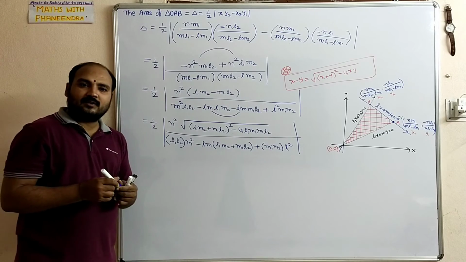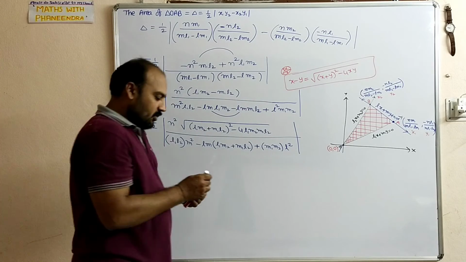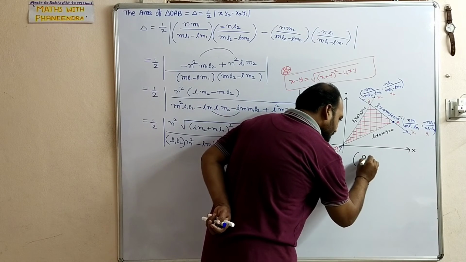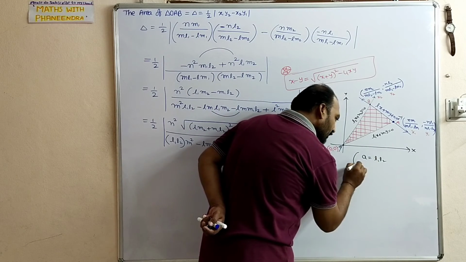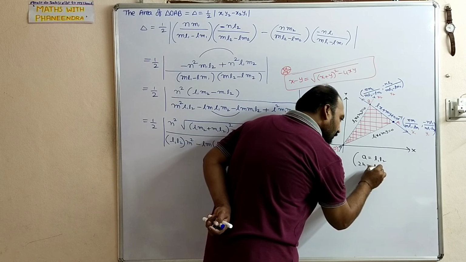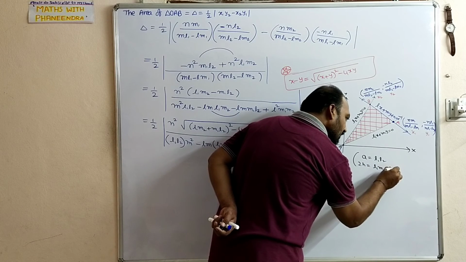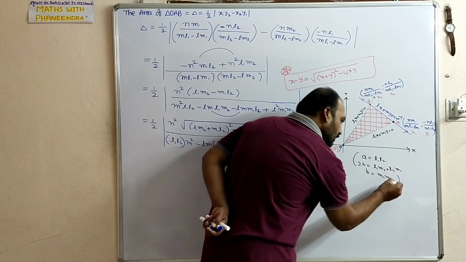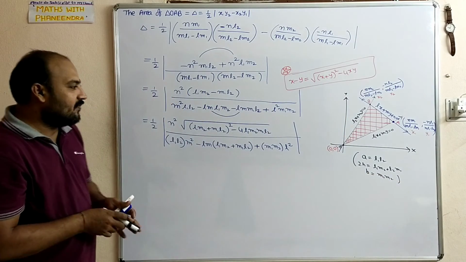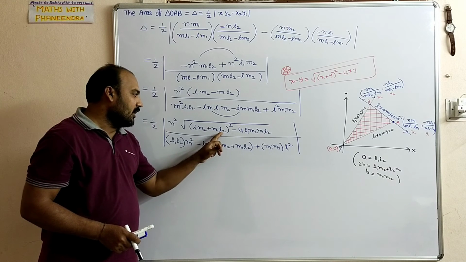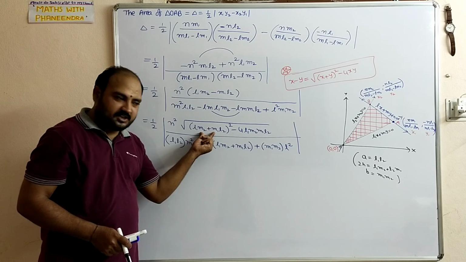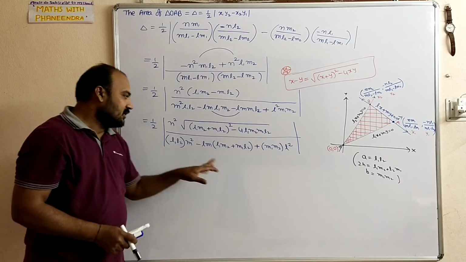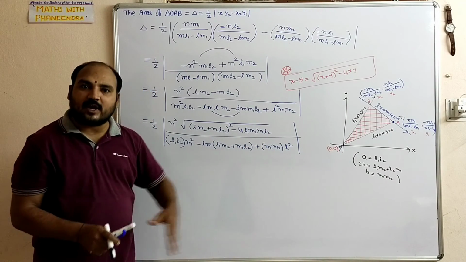In the previous steps, we have the results: A is equal to L1 L2, 2H equal to L1 M2 plus L2 M1, and B equal to M1 M2. So wherever L1 M2 plus L2 M1 is there, you have to replace it with 2H. L1 L2 is A, M1 M2 is B. So in the denominator itself you have to write it.